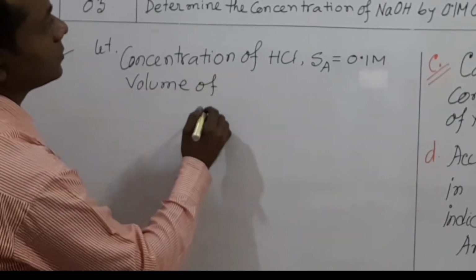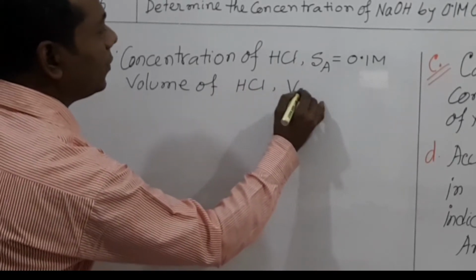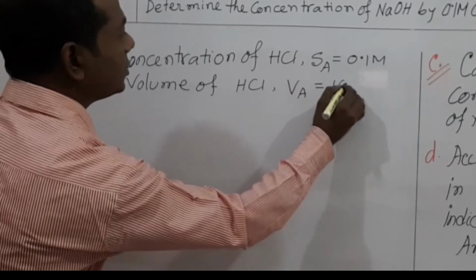Volume of hydrochloric acid, that is VA, equal to 10 ml.